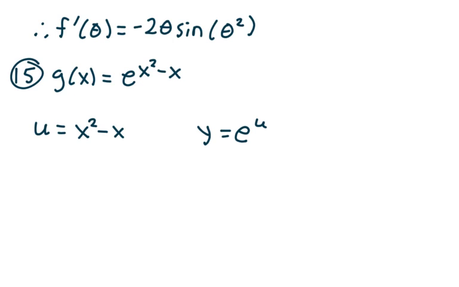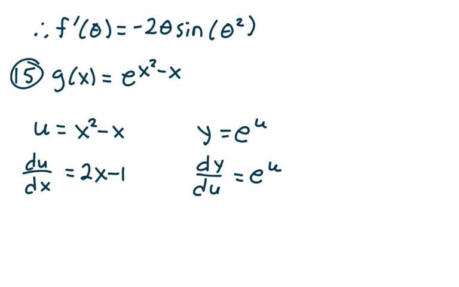Now, again, we can go back. If people are more comfortable, it's fine, we can write du dx here. Du dx is 2x minus 1 here, and then dy du is equal to e to the u, like so.